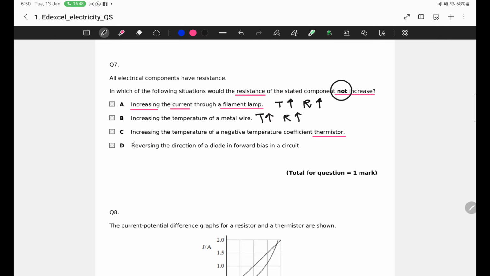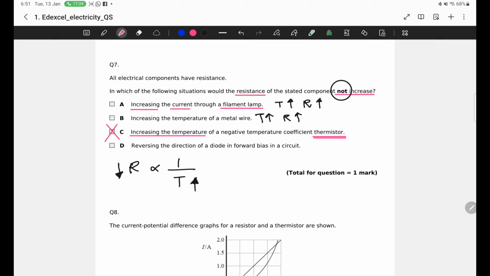For a thermistor, when temperature increases, its resistance decreases, not increases. So this is our required answer.